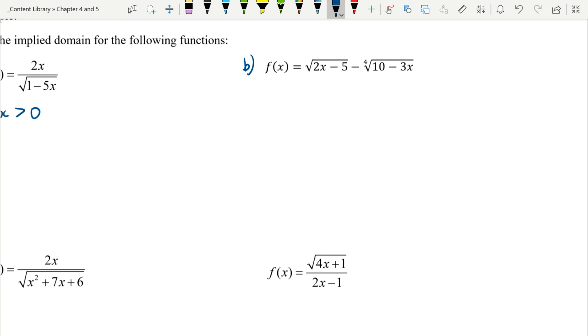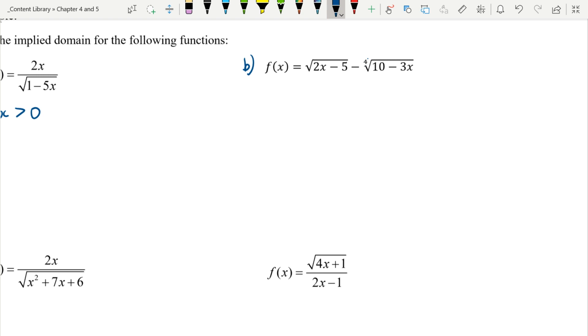What can you see from B? Square root. And another one? One is square root. What's the other one? I'll say fourth root. It's like square root, cube root, fourth, fifth, sixth, like we read it. It's an even root, right?